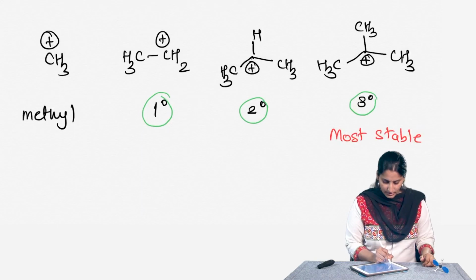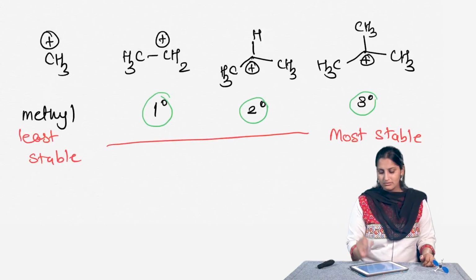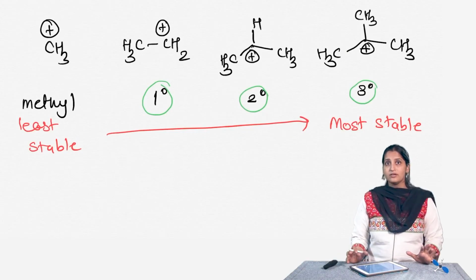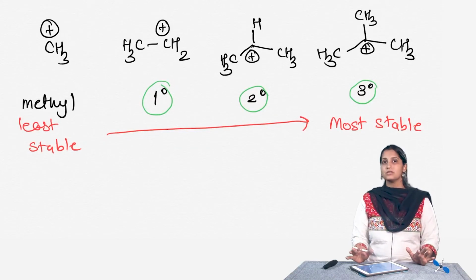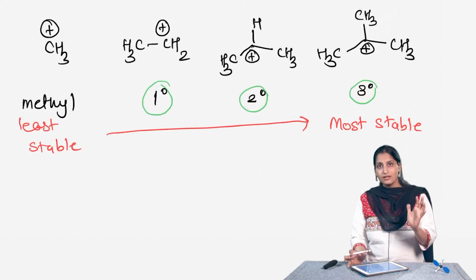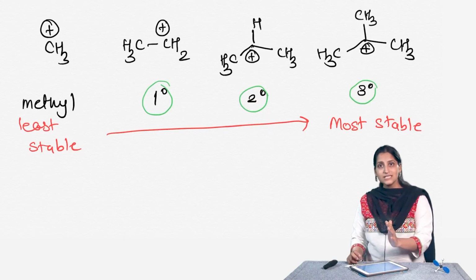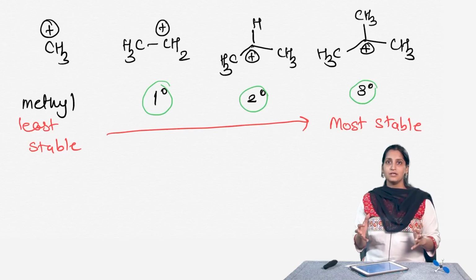and methyl carbocation is going to be least stable, and the stability is going to increase as we go towards tertiary carbocation. Here we are talking about the relative stabilities. Carbocations are really not stable species. So, even in the tertiary carbocation, when we say it is stable, it is not really stable to isolate from a reaction medium, right.